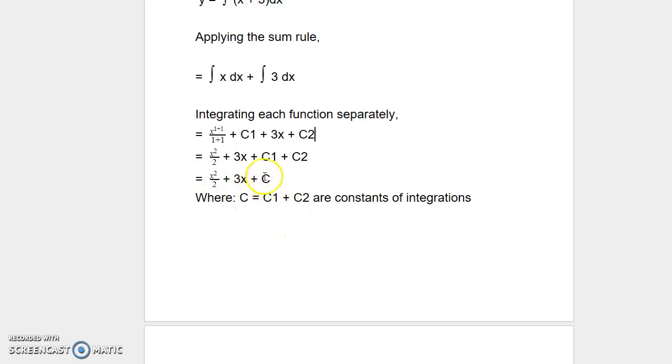As always, when we complete the integration process, we're always going to add a constant term to the solution, and c here happens to be a sum of a constant c1 and a constant c2. This is how we can use the sum rule of integration to solve simple example problems.